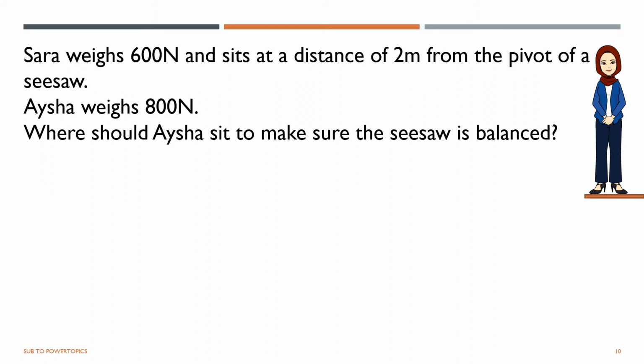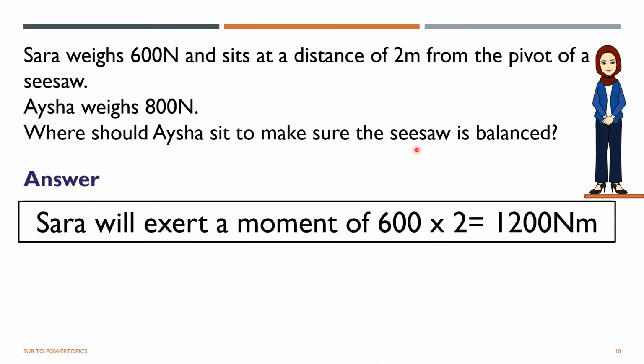Let's move on to our second question. Sarah weighs 600 Newton and sits at a distance of 2 meters from the pivot of a seesaw. Aisha weighs 800 Newton. So where should Aisha sit to make sure the seesaw is balanced? The answer is, so first we need to find out how much moment Sarah will exert.